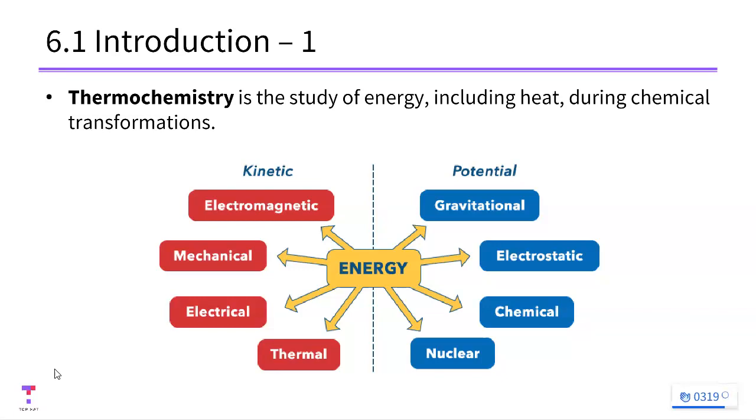The potential energy, that is stored energy, can be stored as a matter of position, like gravitational energy, or charge, like electrostatic, or in the chemical makeup of the substance, either through bonds or through the composition of the nucleus and what holds that nucleus together. All of that is potential energy.